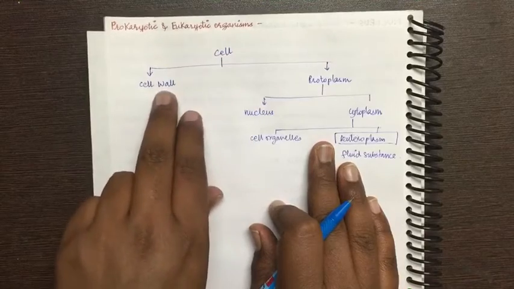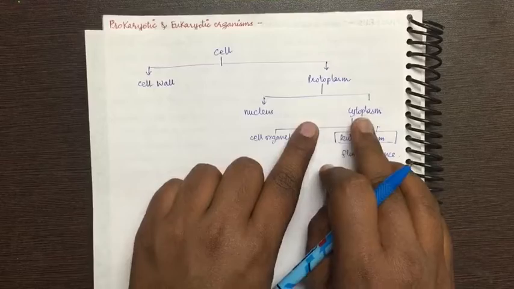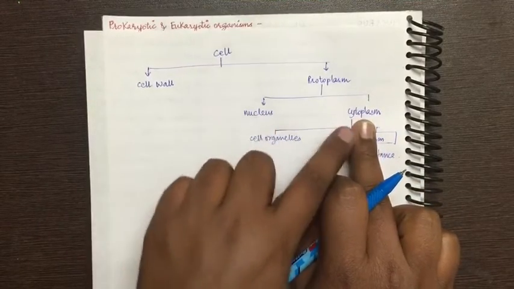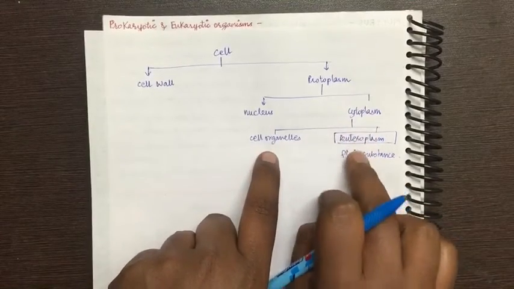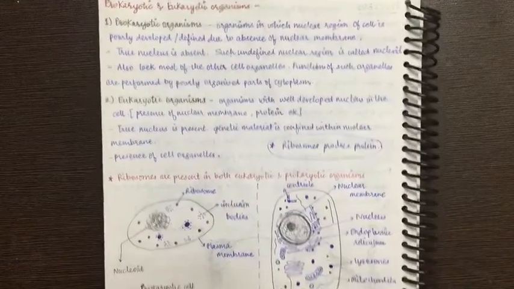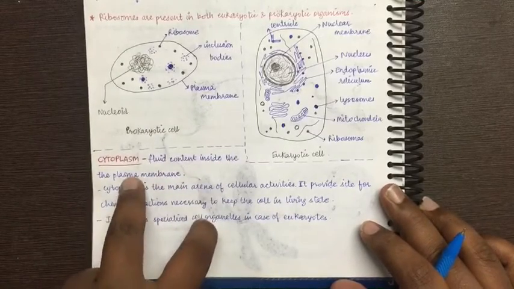Cell wall, if I remove cell wall, then the remaining part is protoplasm. In protoplasm there are two things, nucleus and cytoplasm. If I remove nucleus, then the remaining fluid content with cell organelle is cytoplasm. Now, cytoplasm is the fluid content inside the plasma membrane.